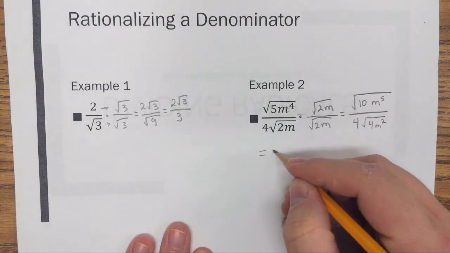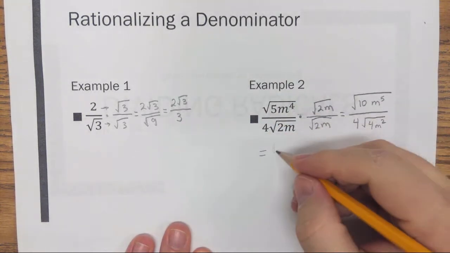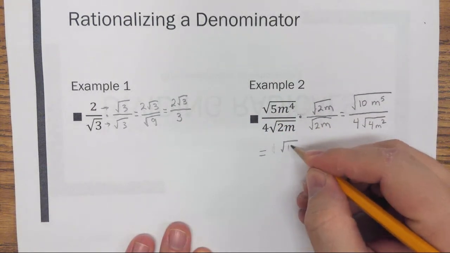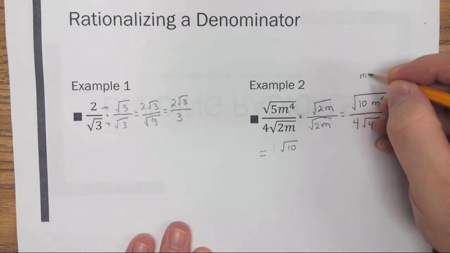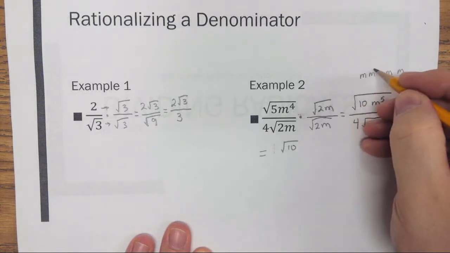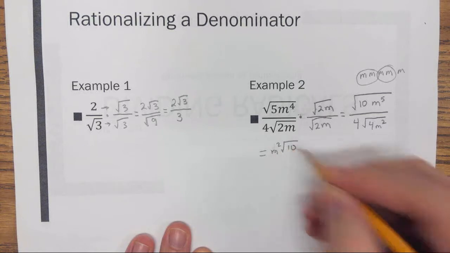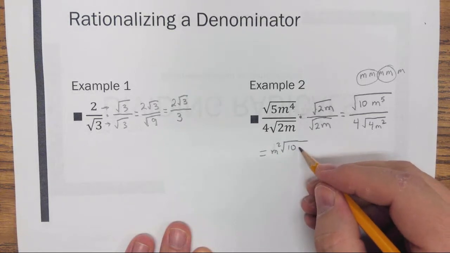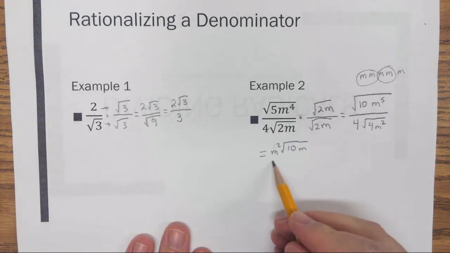The 10 won't simplify at all, so we're going to leave that underneath the radical. But the m to the 5th, well, that's m times m times m times m times m. There's a couple pairs of m's. I'm going to pull them out front, m squared, and I'm going to leave the m underneath that I have left.